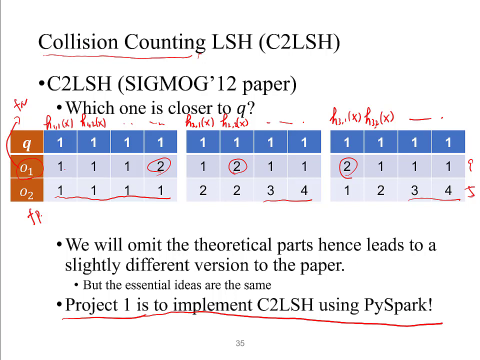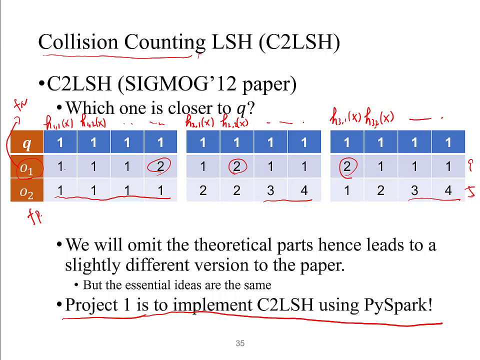The paper keeps the theoretical guarantee of LSH, so it has a large part of theoretical analysis and mathematics. Due to the time limitation, and because it's not the essential part of this course, we will omit the theoretical parts. Because of that, we have made minor modifications to the original algorithm in the paper.